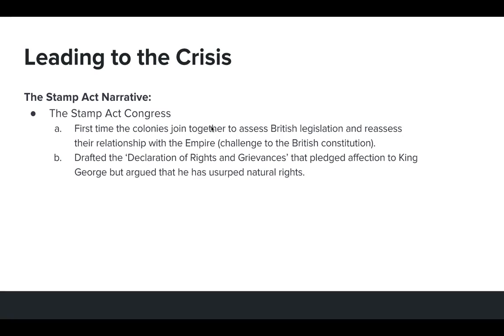But as soon as the king becomes a tyrant, as soon as the tyrant takes away our natural rights, the next best person has to then overthrow the king. And that's what this is pretty much doing. The Stamp Act Congress is saying it's a Republican movement, really, that is challenging the king to check himself before he goes ahead with this Stamp Act.